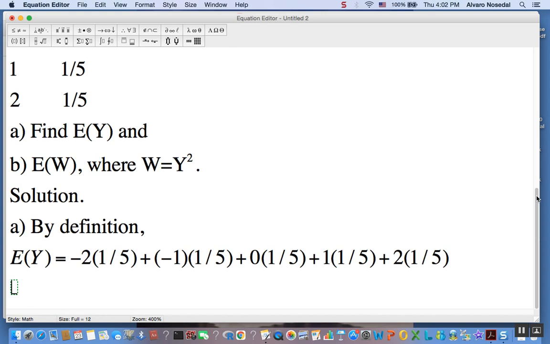Now we note that since we have equally likely outcomes, we can factor out that 1/5.